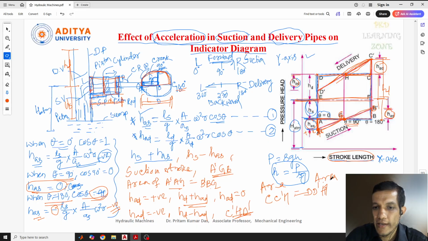So previously, again I am telling you, ABCD was the line for the ideal condition, the ideal indicator diagram.